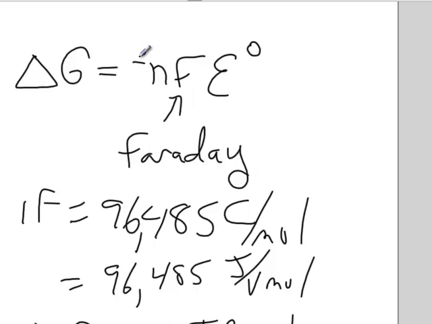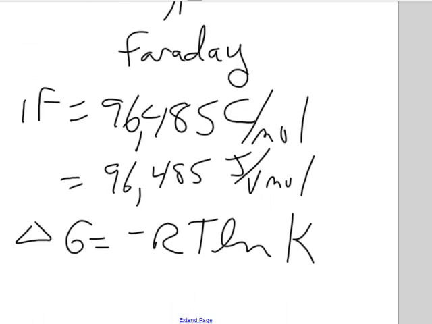Note that little negative sign, because remember that a positive E is a spontaneous reaction, and a negative delta G is a spontaneous reaction. That's why we have that negative sign there. But if we've got E cell, we can find delta G. And if we've got delta G, we can find K. So if we know the E cell, we know the free energy, and we know the equilibrium constant.